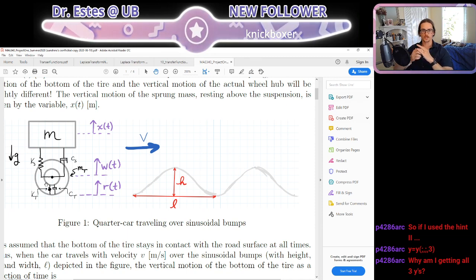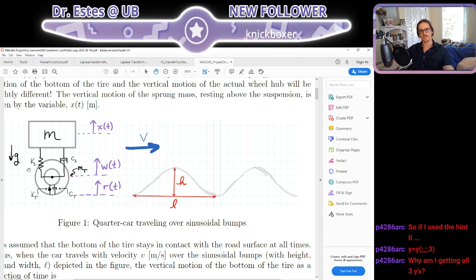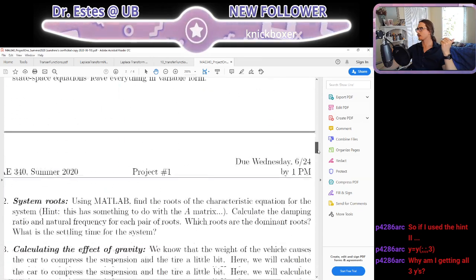But we're just looking for the effect of G, right? So I don't want to see the step inputs for my other 2 inputs.